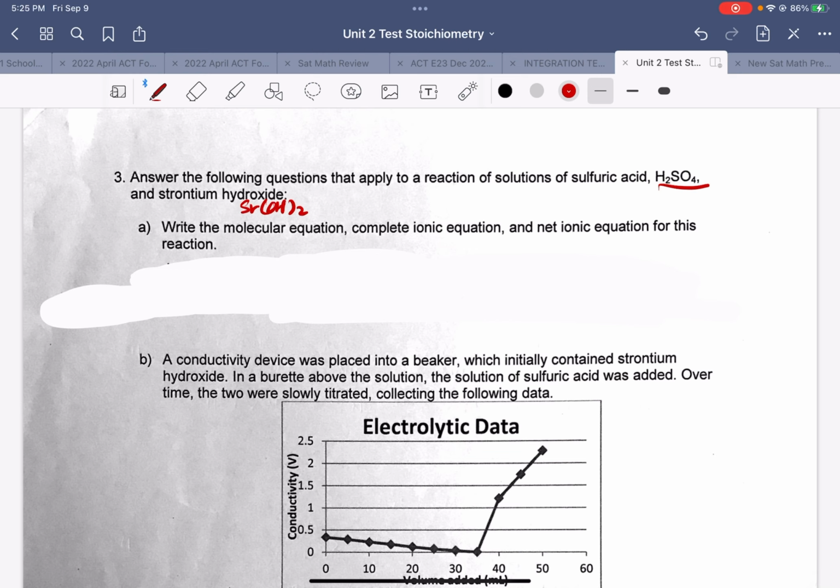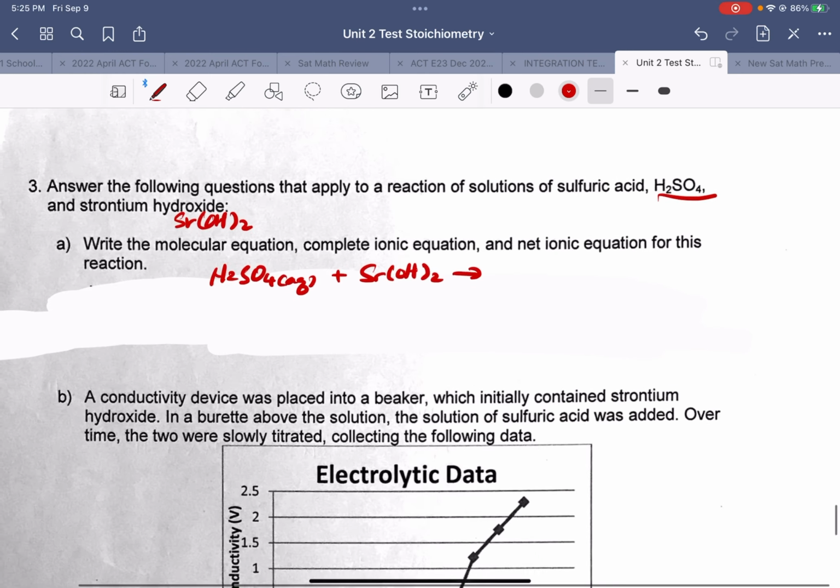Okay, let's do that. Then you're going to add H2SO4 aqueous plus strontium hydroxide, Sr(OH)2. Of course, that's an acid and base reaction, so you're going to have water, H2O. Then you're going to have the rest of it, which is SrSO4.